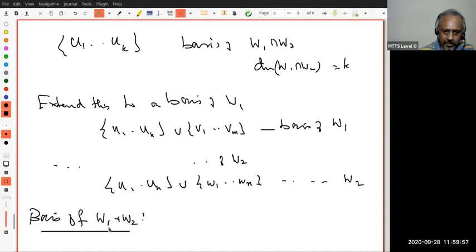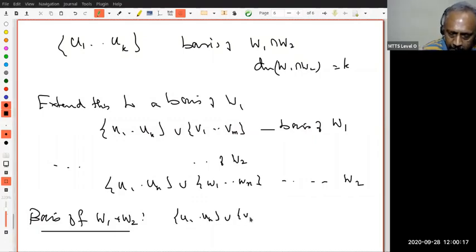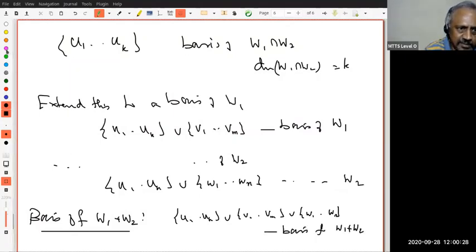Any element of W1 plus W2 is X plus Y, where X is a linear combination of these, and Y is a linear combination of these things. Therefore, X plus Y will be a linear combination of the U, V and W. Do you see that? Therefore, what should I expect? I should expect U1 to UK union V1 to Vm union W1 to Wn to be a basis for W1 plus W2. This is just our guess. There is no proof yet.